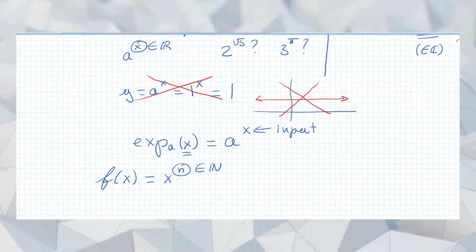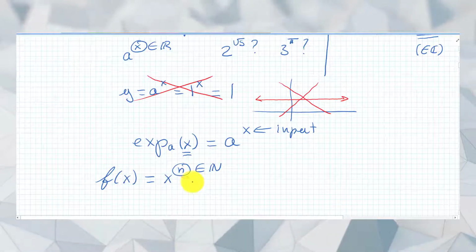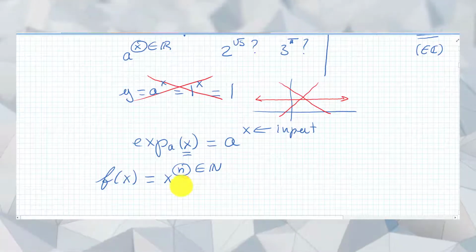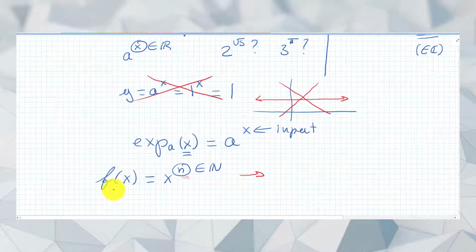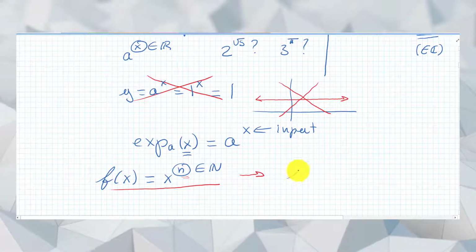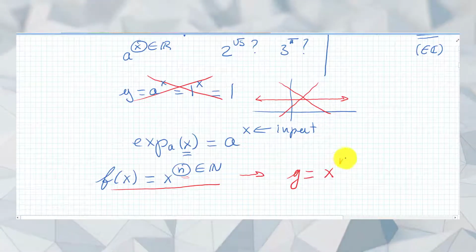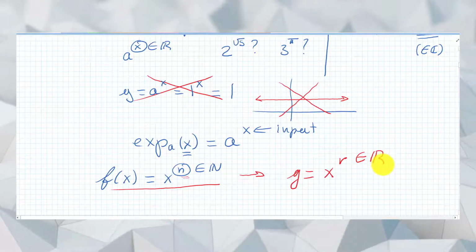In the previous unit, we've also seen other types of exponent. We've looked at positive rational exponents and negative exponents. Well, you can show that you can actually extend the family of monomial functions to a broader family of power functions. In a power function, you allow the exponent to be a real number.